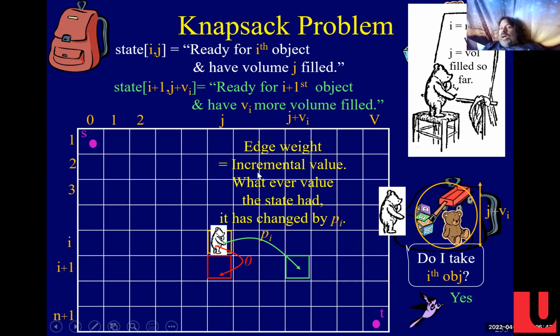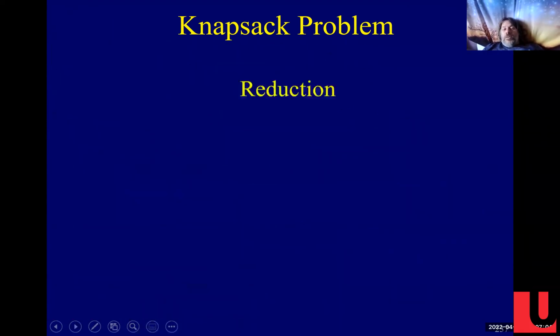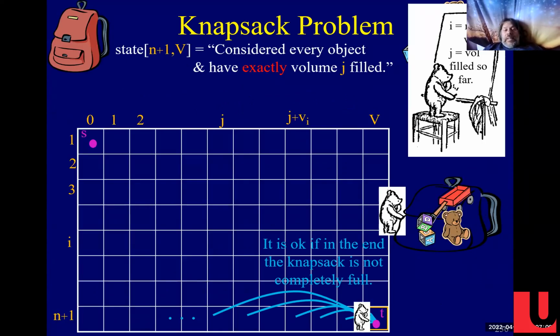That's how I'm going to describe it. I'm going to ask you about this graph. What is node S? And you'll say, well, I'm considering the first object and I put nothing in my knapsack, right? I'm going to ask you about node T, and here you might say it's a little trickier.